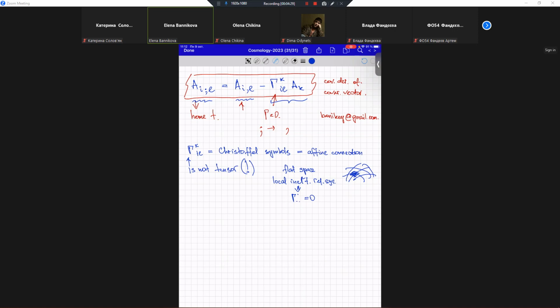If it were a tensor, it would mean that if all components of the tensor are equal to 0 in one reference system, they will be equal to 0 also in another reference system. But for this symbol, it's not like this. So this is just a proof that the Christoffel symbols are not a tensor.